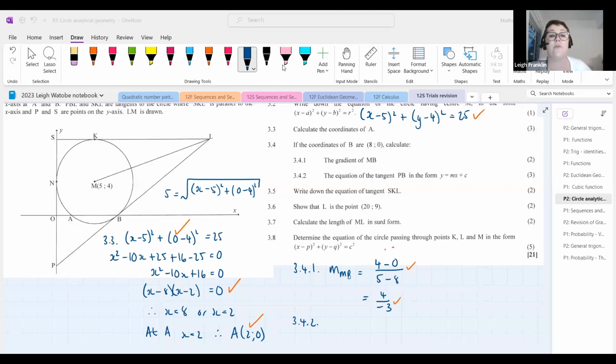Okay, so we've got the gradient of MB. Chad says it would be 3 over 4. Yes, why is that though, Chad? We've got to explain why that is, because there's going to be a mark in those 3 marks awarded to that. What is the reason that the gradient is 3 over 4?